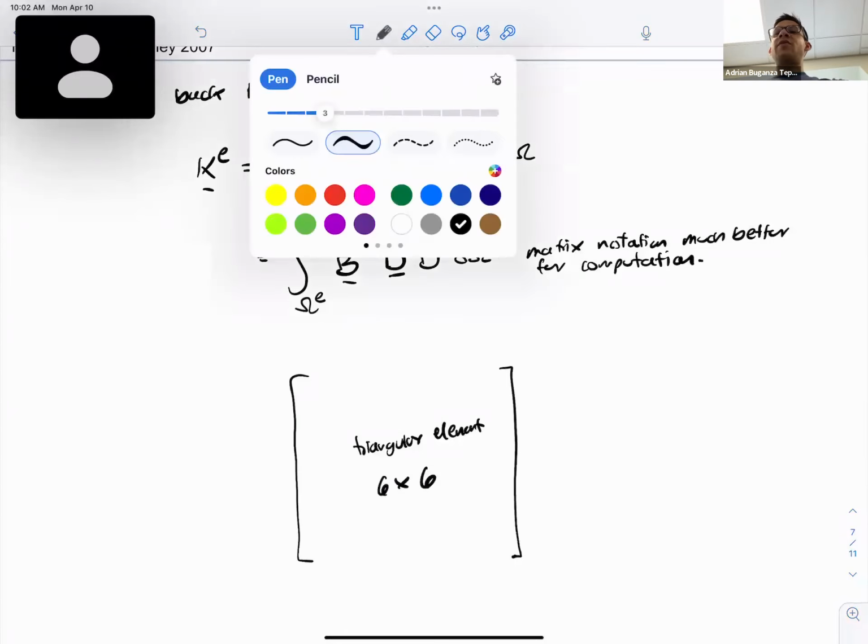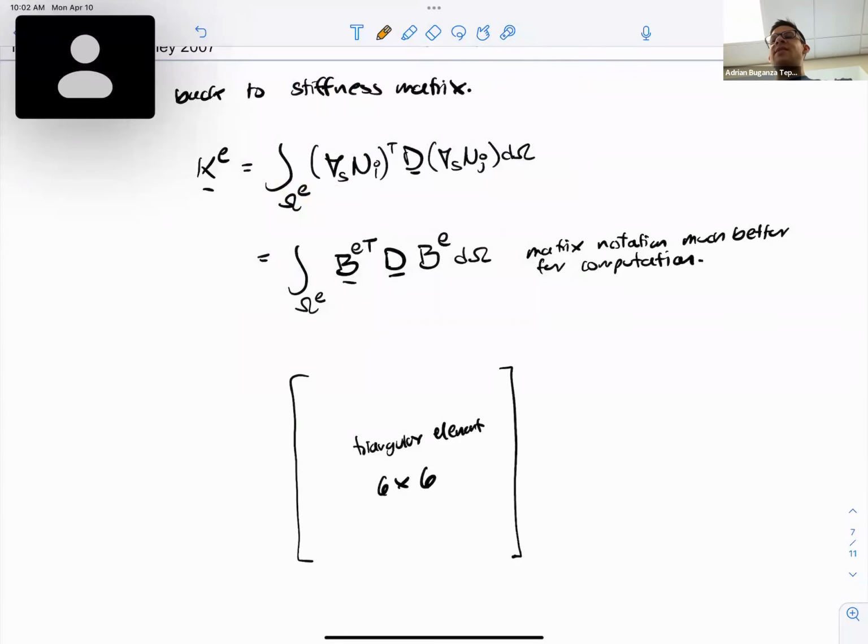When you do the assembly, this is the first node X entry, then first node Y entry, then second node X entry, second node Y entry, third node X entry, third node Y entry. That's why there are twice as many rows: for every node, we have an X and a Y. For the quadrilateral element, this would be an 8 by 8, because now we have 4 nodes, and for every node, we have an X and a Y component.